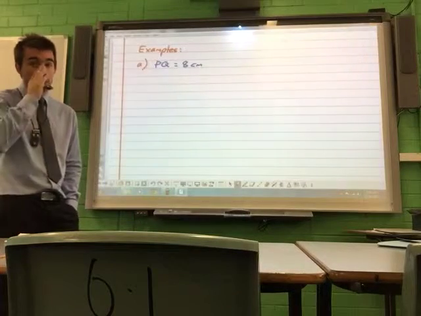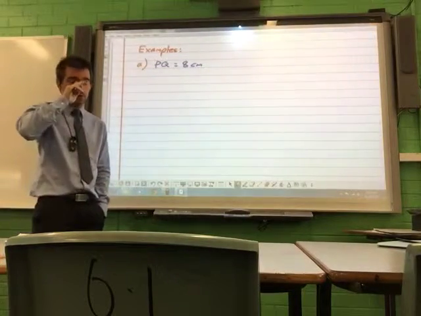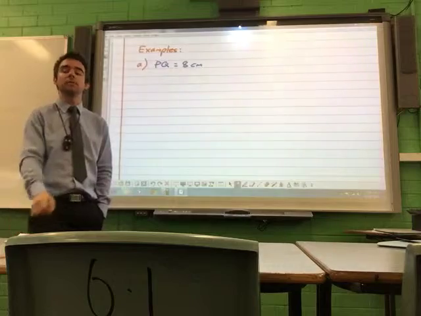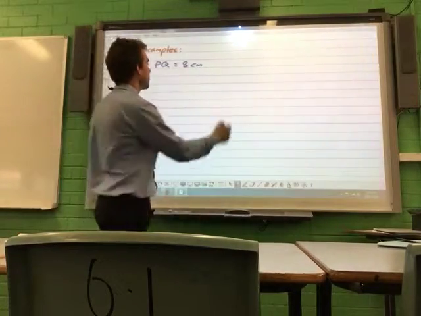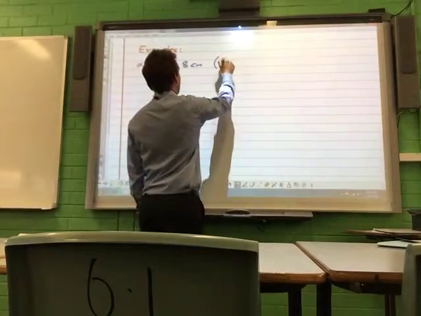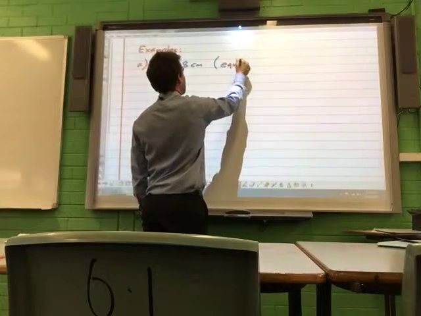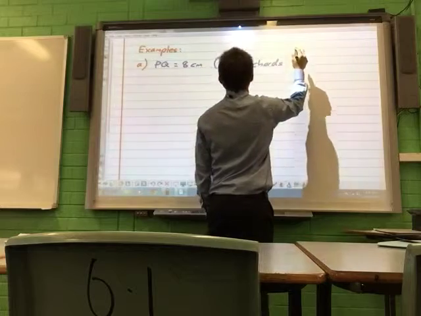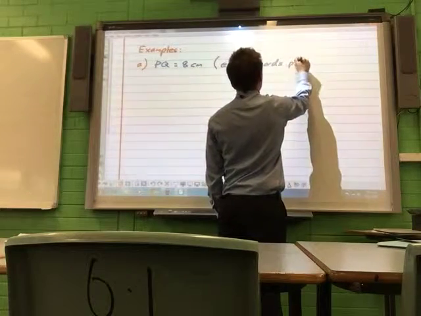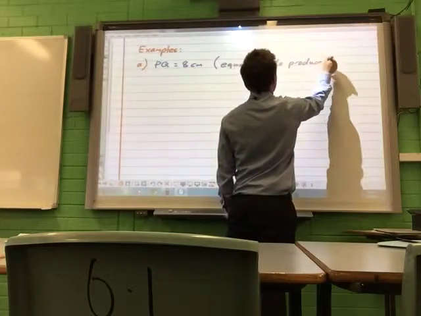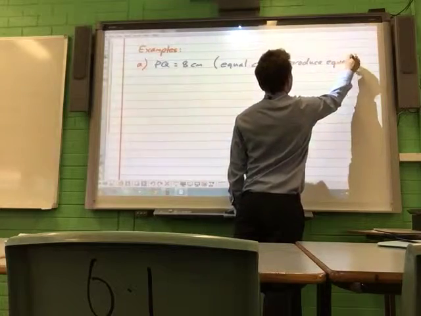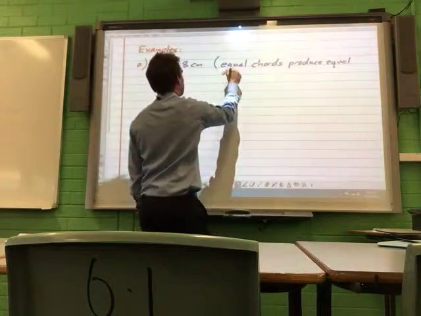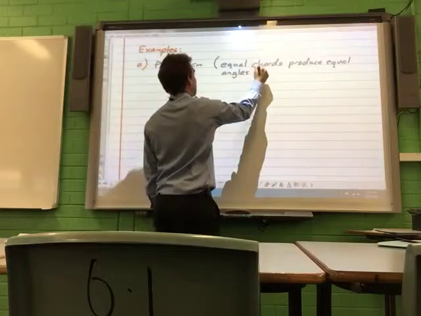Okay, what I want you to do in each of these questions, I don't think it says so in your exercises, is actually state the reason. So equal chords, or something along the lines of, while we're getting our heads around these first, equal angles at centre.